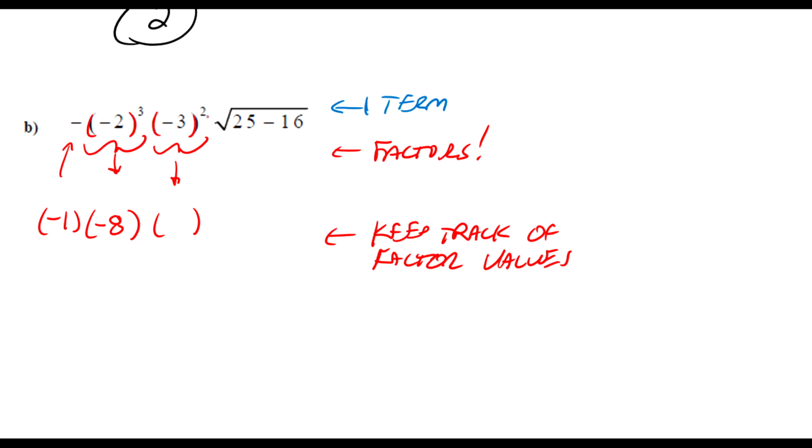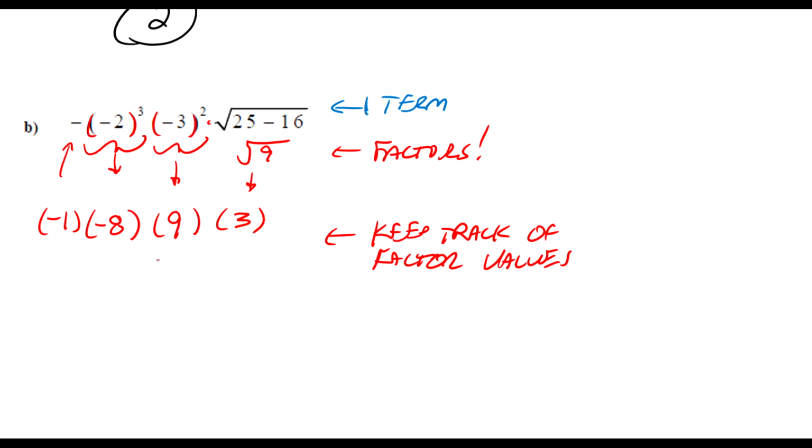Well, -3 squared is the same as -3 times -3, which is a +9. And again, I'm keeping track of it as a factor. Same thing here, it's another factor, the square root of 25 and -16, but I need to keep track of this as another factor. So the square root of 9 is 3.